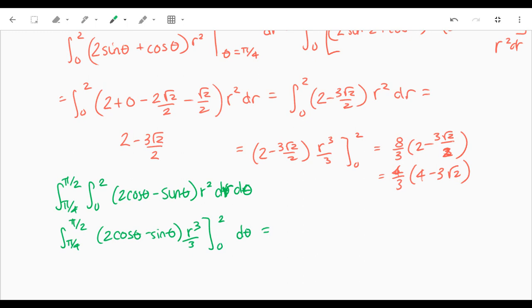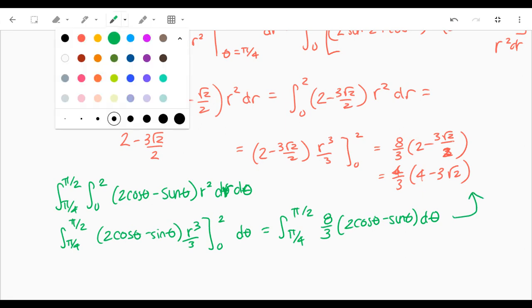So then we would have the integral from pi over 4 to pi over 2 of 8/3. Then we can integrate that with respect to theta, and I will leave that to you to see that we would get the same answer.